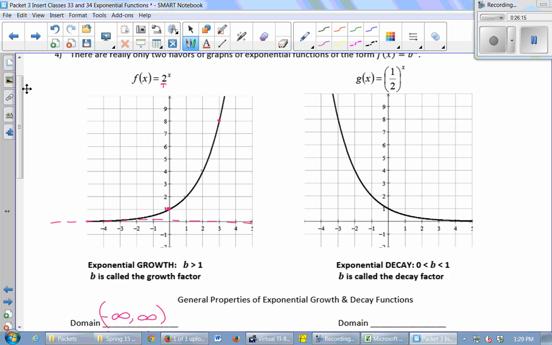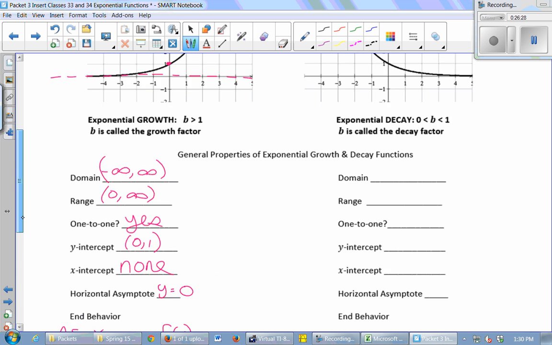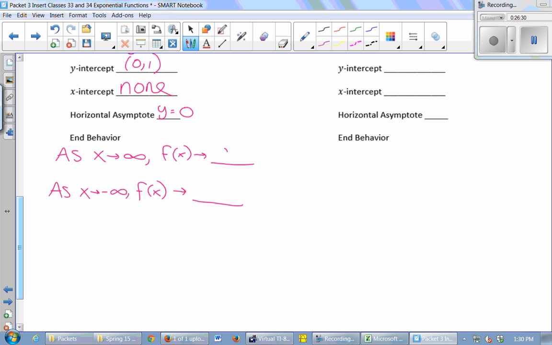They increase to infinity, yeah. And as the x values move to the left, what's happening to the y values? Decreasing to negative infinity or to 0? Yeah. So my end behavior is infinity to the right and 0 to the left. So that's determined by the y value. Yeah, it's the y value that the function is approaching.